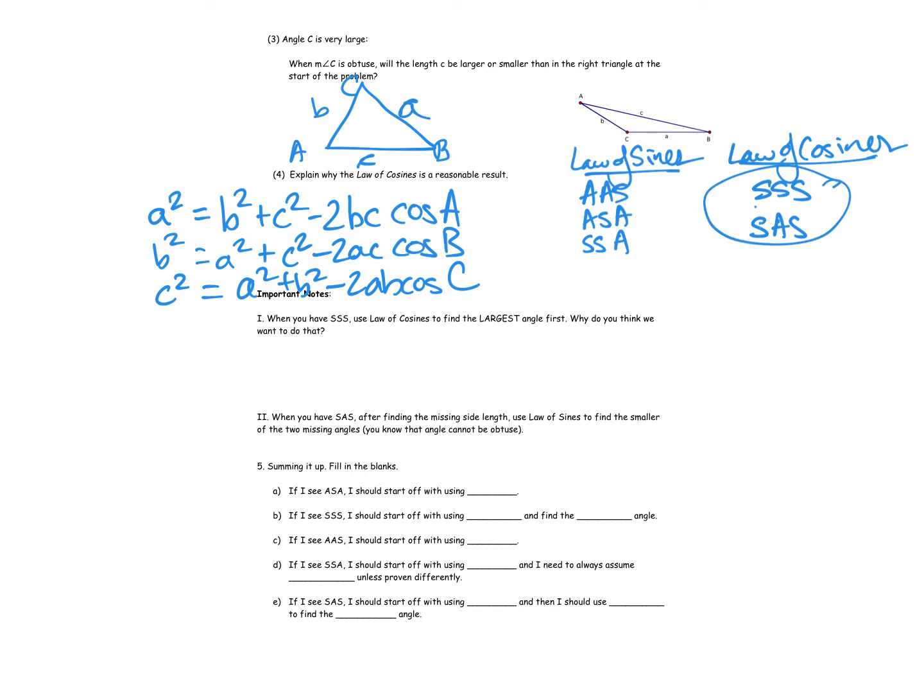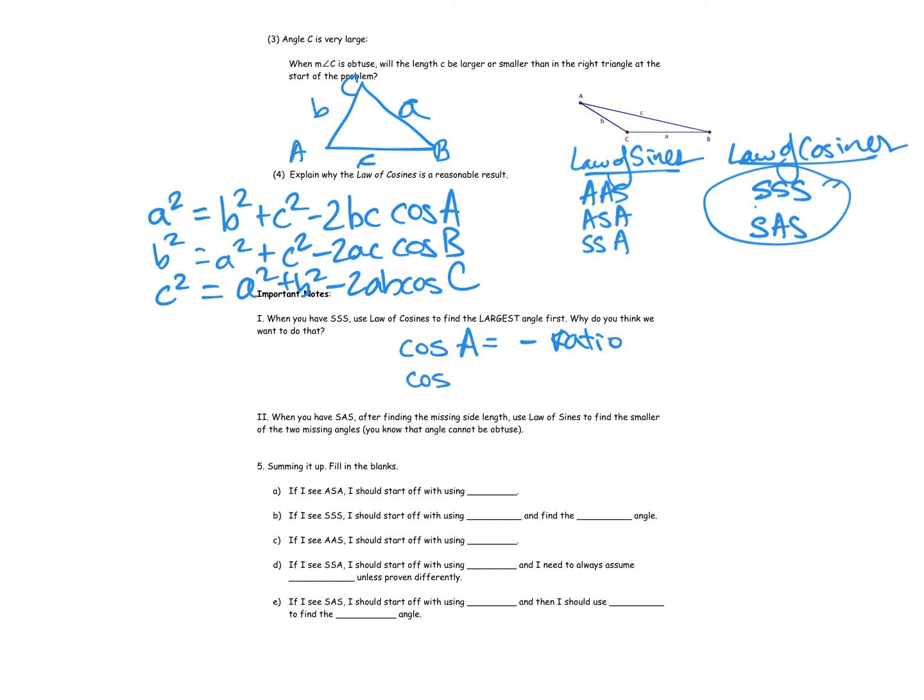And in order to ensure that I am getting the correct triangle, when you have SSS, I'm first going to use the law of cosines and find the largest angle first. The reason is, with the law of cosines, if I end up with cosine of A being a negative ratio, not a negative angle, then I know that A is going to be obtuse.